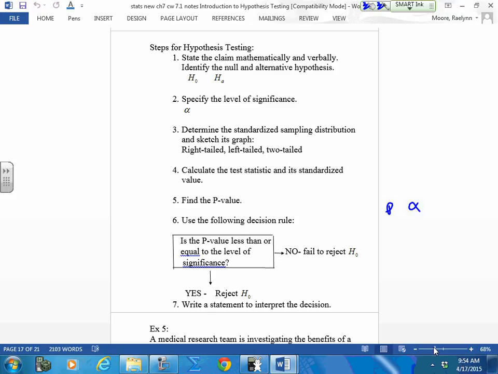If your p-value is less than or equal to your level of significance, you're going to reject your HO. It's smaller than the smallest allowable error. You can't be any smaller than that, so you're going to reject your HO. If it's greater than, then you're going to fail to reject the HO. Notice that we always say these two statements.